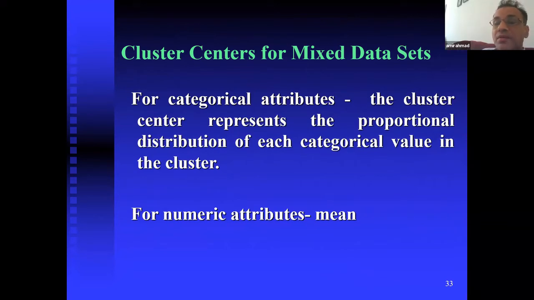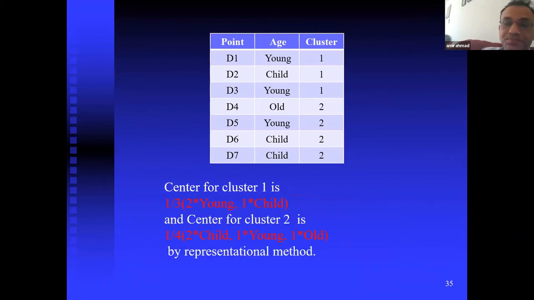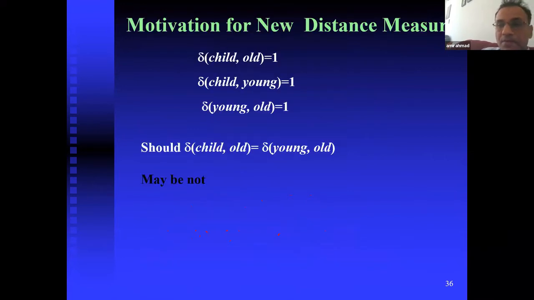So for numeric, the center should be defined using the mean, and for categorical, the proportional distribution. And I have already discussed this problem: if you use the mode, you will lose the information. So we should use the proportional distribution.